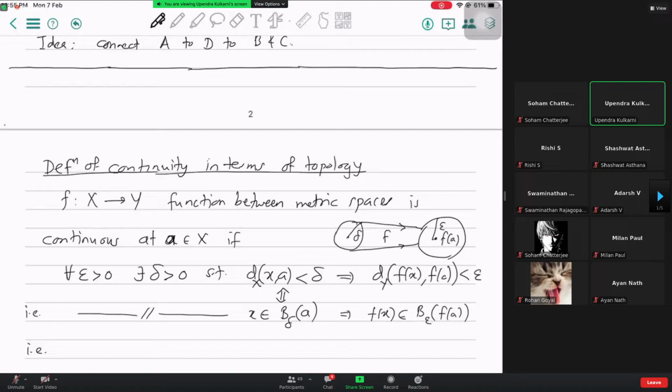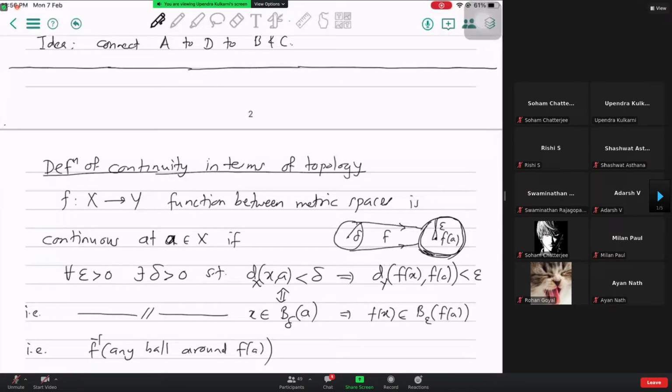But this is exactly the same thing as saying f inverse of any ball around f of A. So if I take the inverse image of the entire ball, what must happen?